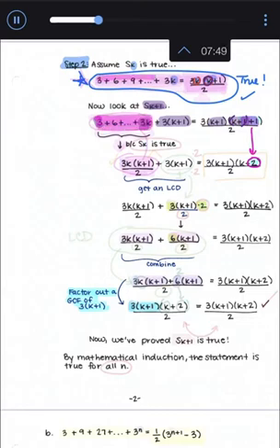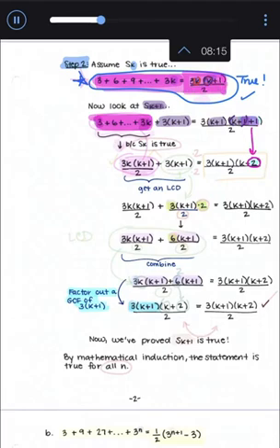Well, that's what we were assuming was true up top using our k. What it says is that 3 plus 6 all the way up to 3k, that left-hand side, is equal to whatever's on the right-hand side, is equal to this guy.